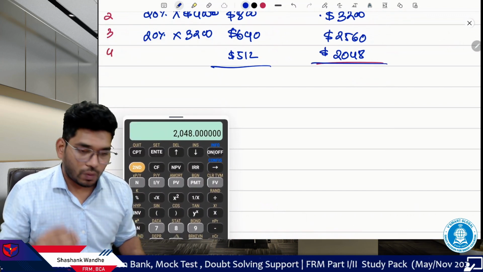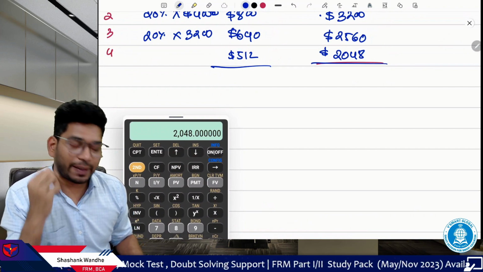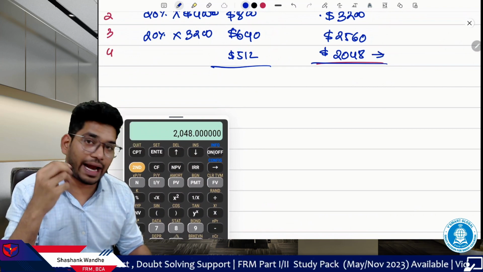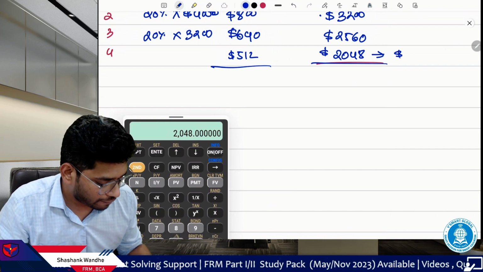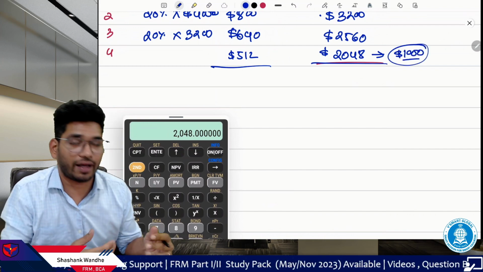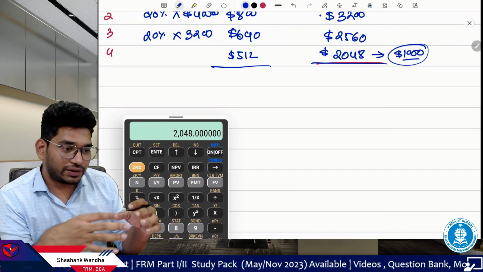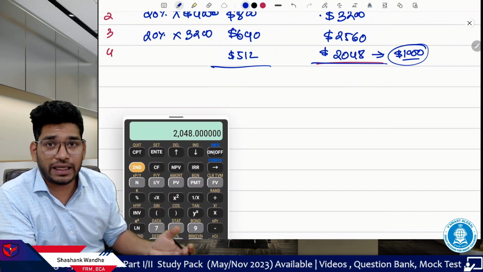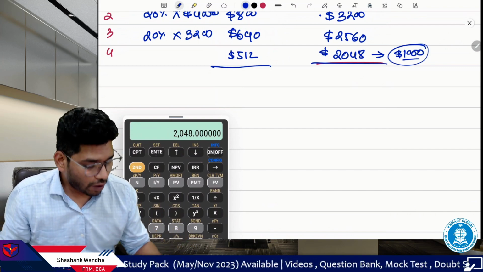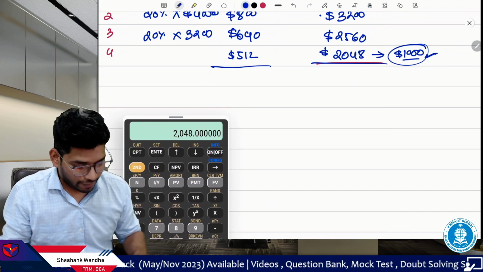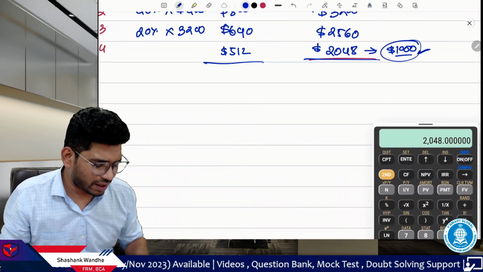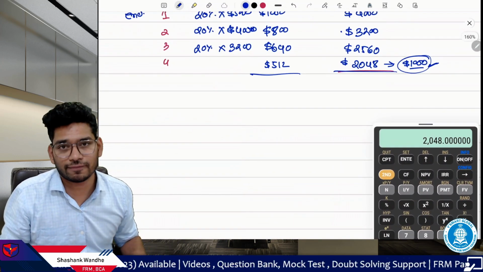Now see the problem. What was our expectation? The expectation was that the residual value at the end of the fourth year should be $1,000, because this is what we expect the sale value to be at the end of the fourth year, right? So $1,000 should be the residual value, but the problem here is it is 2,048.